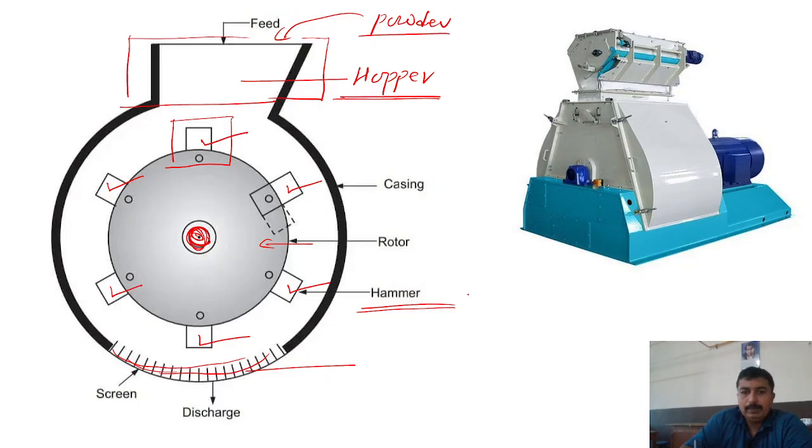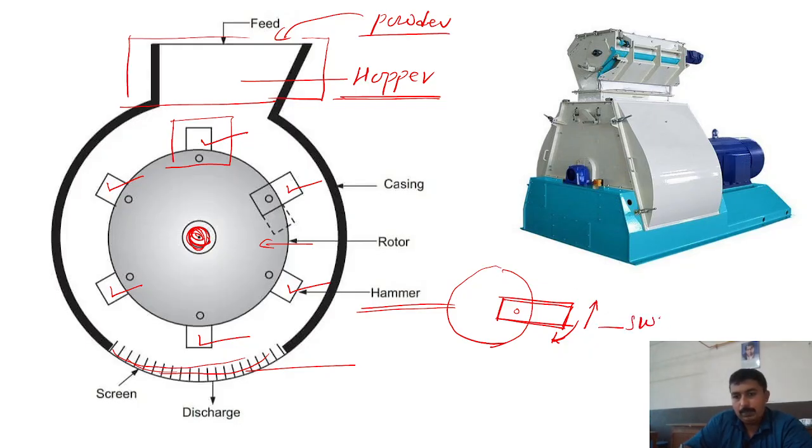Suppose this is the rotor and this is the hammer. A rigid hammer can't move, and a swing hammer can move like this or like this, so this is known as swing position. With a rigid hammer, the hammer is fixed, and just the shaft rotates and later the hammers rotate.